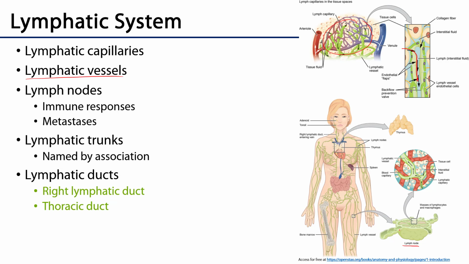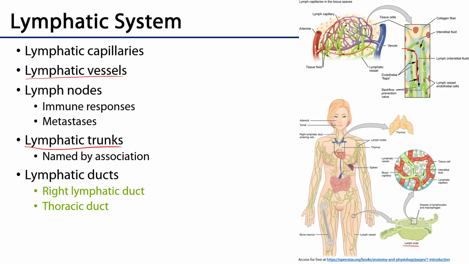The lymphatic vessels flow into lymphatic trunks. These trunks are regionally named, sometimes for where they're located, for instance, lumbar trunks in the lumbar region, or sometimes they're named for the vessel that they mirror.